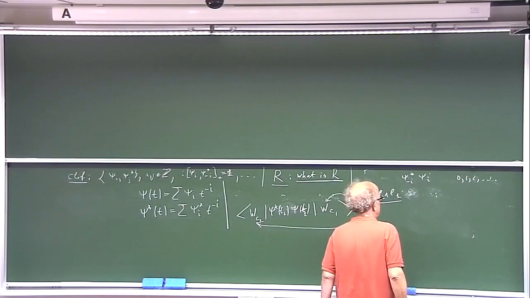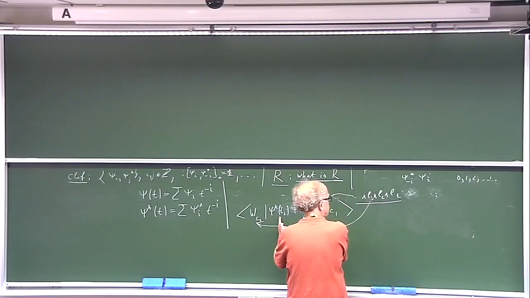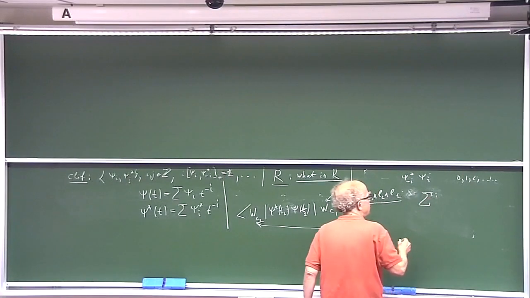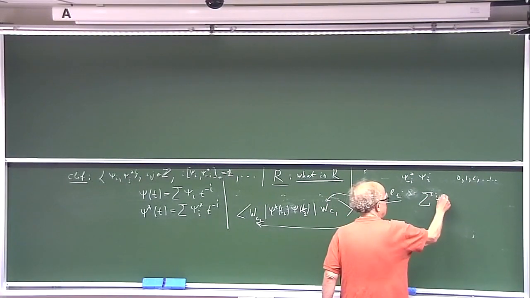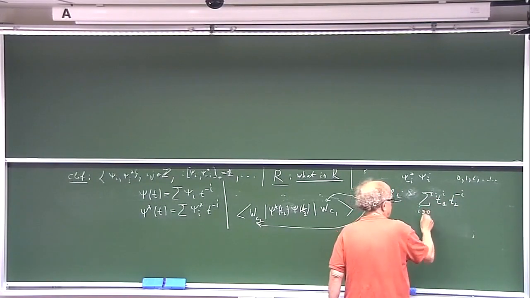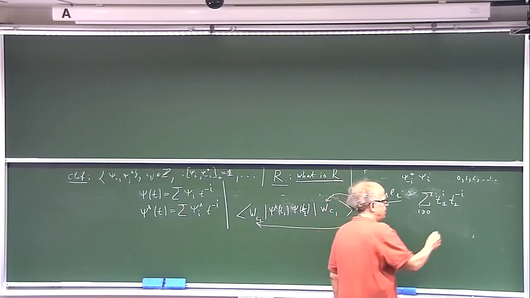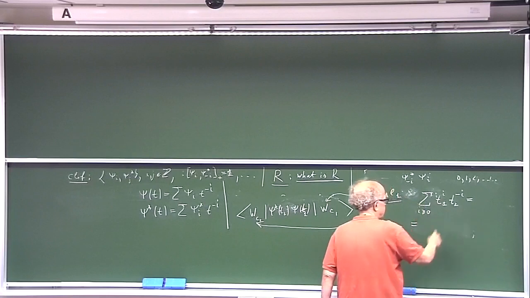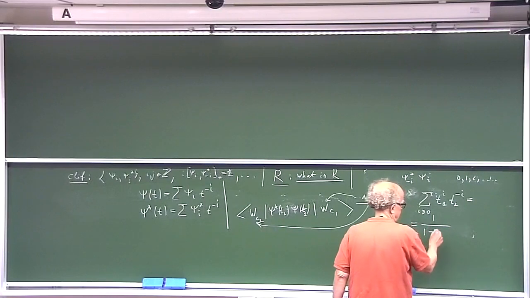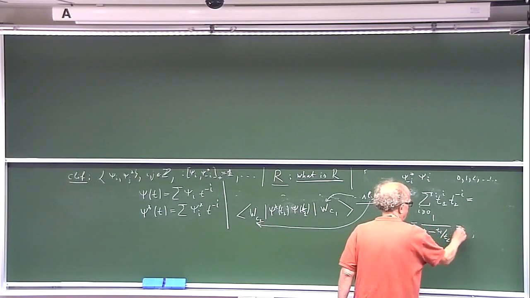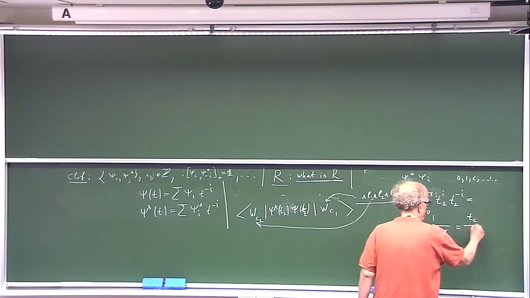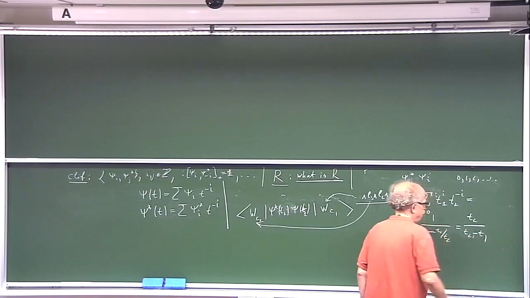It means that in this case, this correlation function will be the sum of t1^i t2^{-i}, probably like this. And therefore we have, no, it is 1 over 1 minus t1 over t2, or I think in this case it is correct, it is t2 over t2 minus t1.